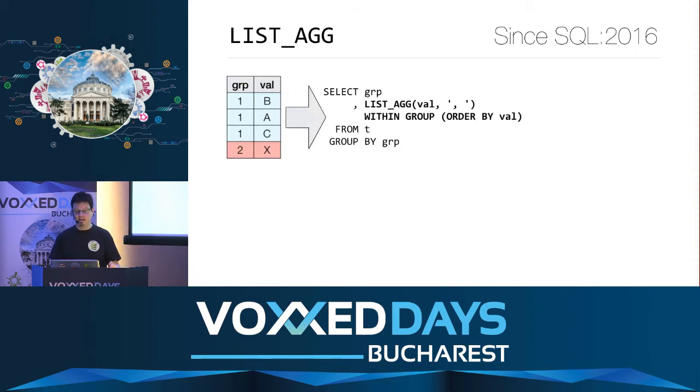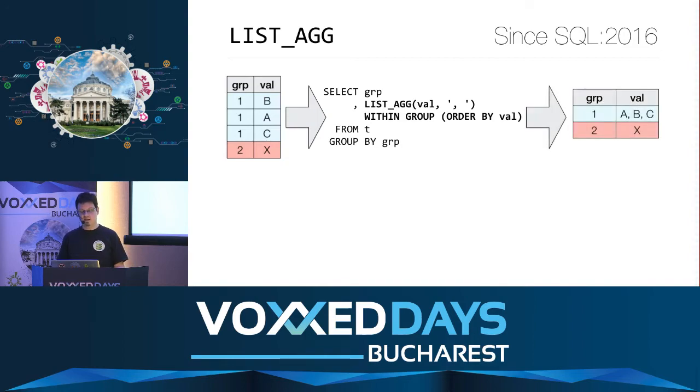You can now say LISTAGG, this value column, you specify the separator. You say within group order by, because you probably want it to be in a well-defined order. It's again this within group, and you will get out this one.